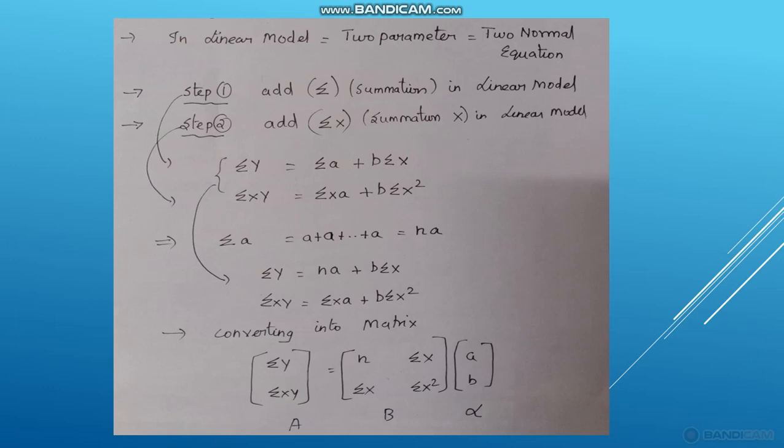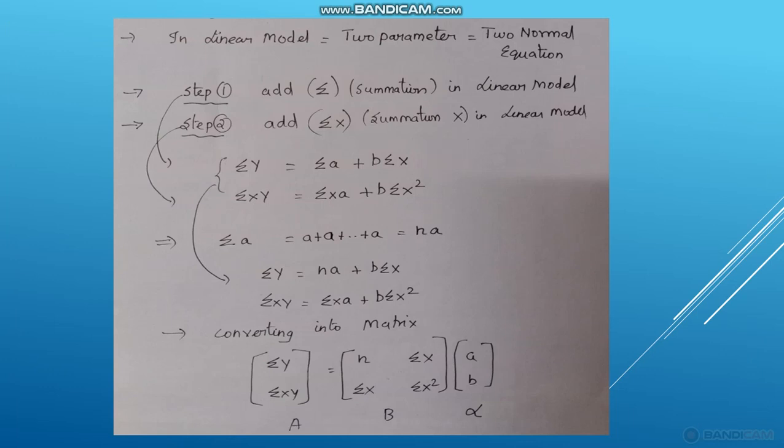In the first equation, a is a parameter, that is, a is a constant. So summation of a means a plus a plus a plus a, which will become n into a. So the first normal equation becomes summation of y is equal to n a plus b into summation of x.